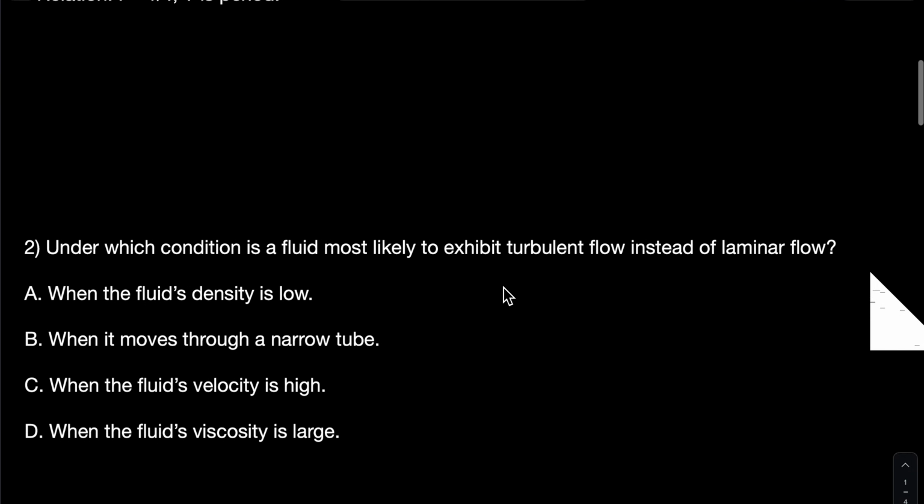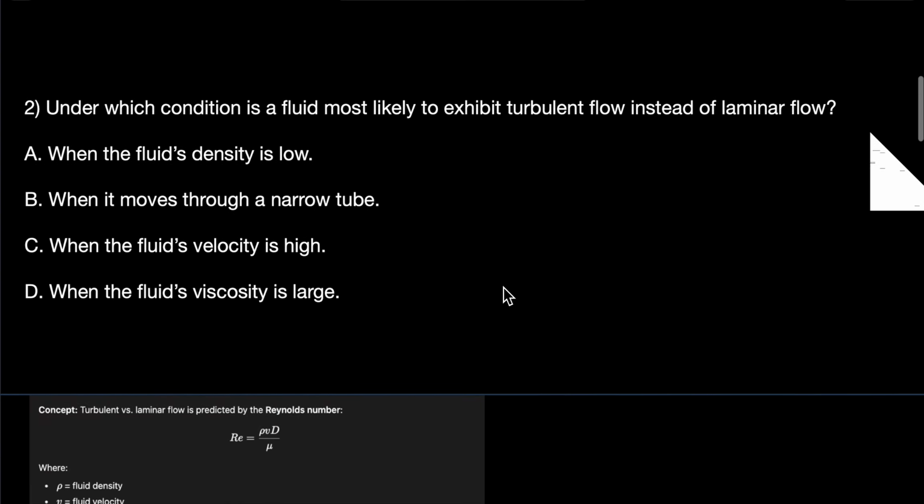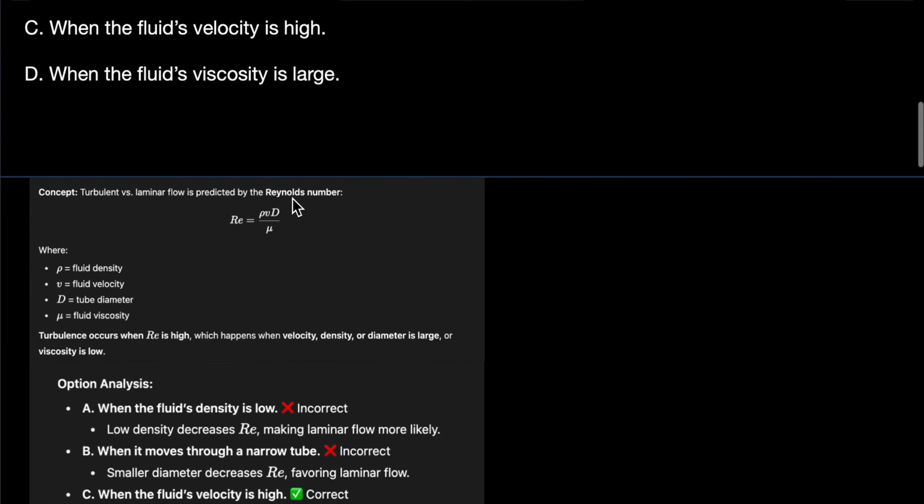Second question. Under which condition is a fluid most likely to exhibit turbulent flow instead of a laminar flow? In order to answer this question, we need to know the formula for the Reynolds number. The higher the Reynolds number, the higher the turbulence.